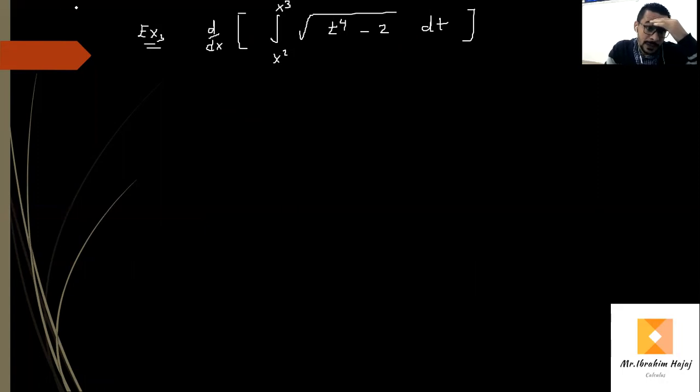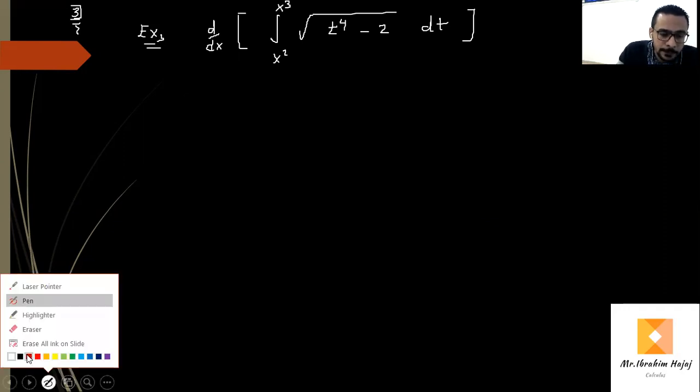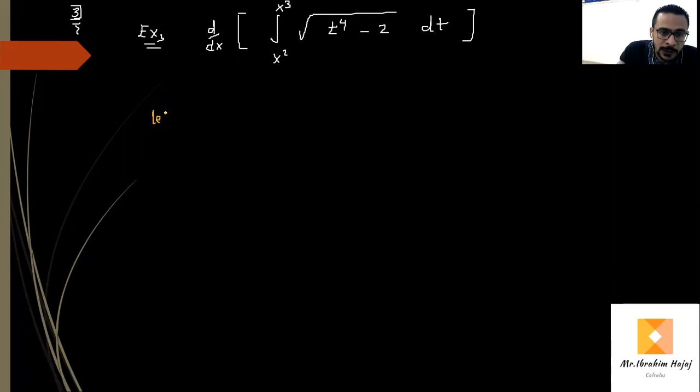We have now the third special case, when we have x squared down and x cubed up here. So what's the answer? Step number 1, pay attention please, we will let f of t be equal to the function inside the integral.